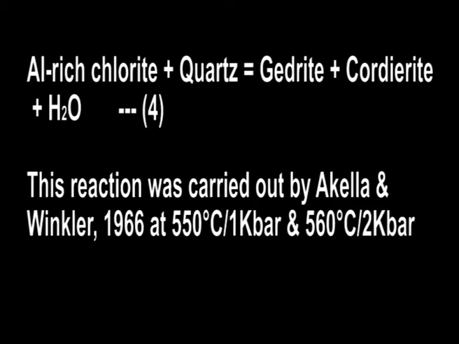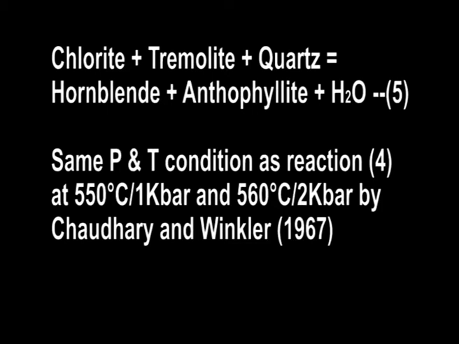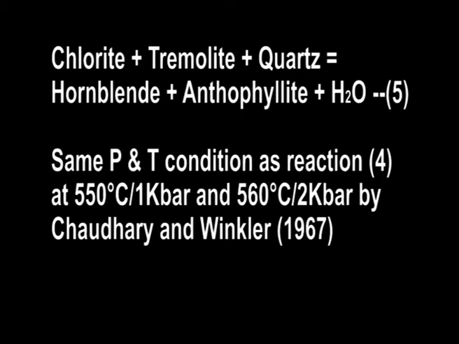at 550 degrees centigrade, 1 kilobar and 560 degrees centigrade, 2 kilobar. Another reaction is chlorite plus tremolite plus quartz gives rise to hornblende plus anthophyllite plus water, at the same PT condition as reaction 4, that is 550 degrees centigrade, 1 kilobar and 560 degrees centigrade, 2 kilobar, by Chaudhary and Winkler 1967.